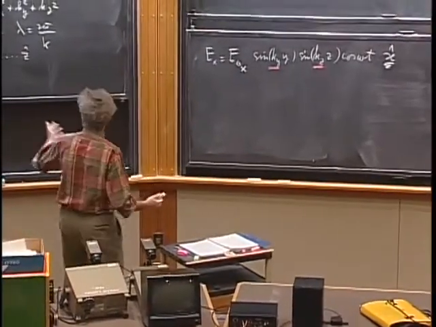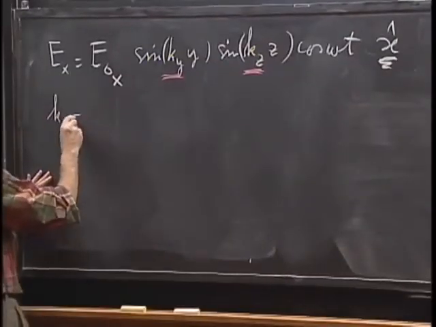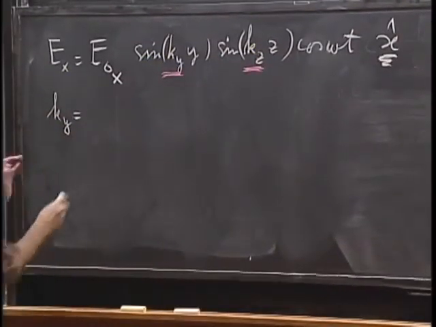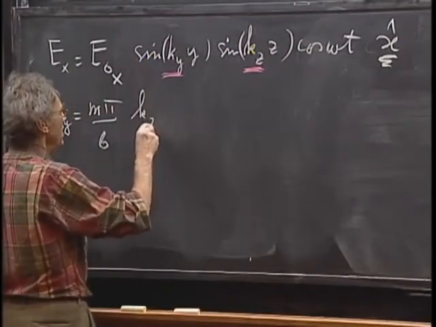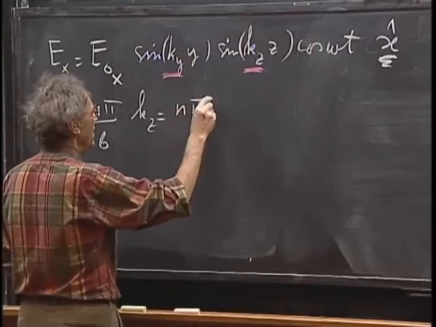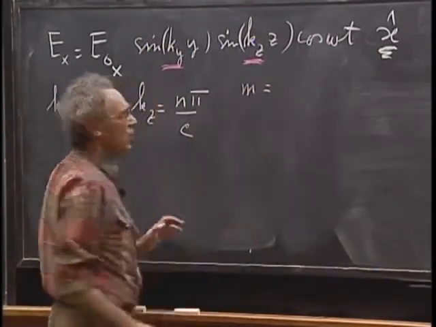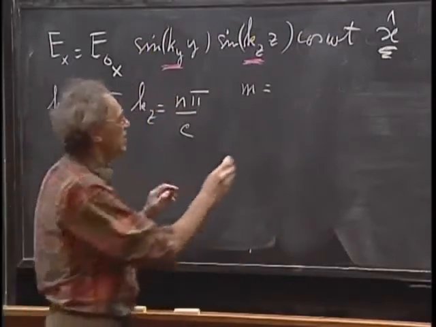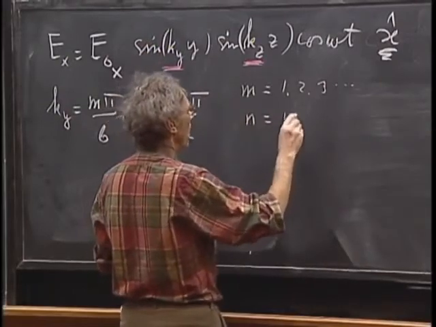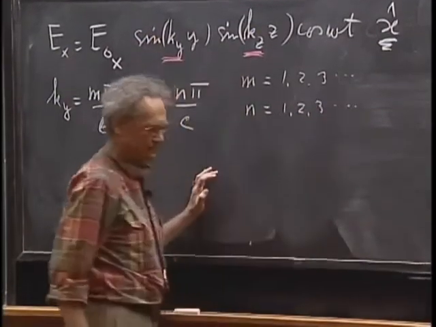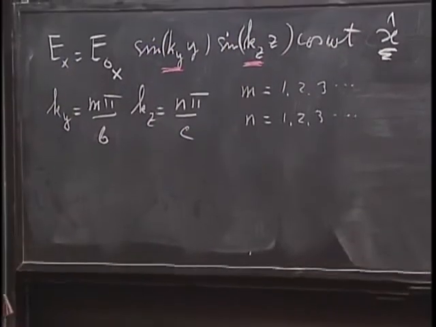And to meet the boundary conditions, which I wrote down here, it is immediately obvious that k of y must now be m pi divided by b, and k of z must be n pi divided by c. And then m equals, in this case, it's sine, so it is 1, 2, 3, etc. And n equals 1, 2, 3, etc. And as long as I meet this condition, the E of x component is quite happy.